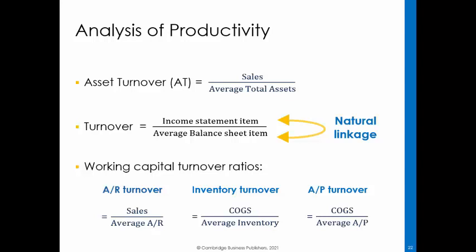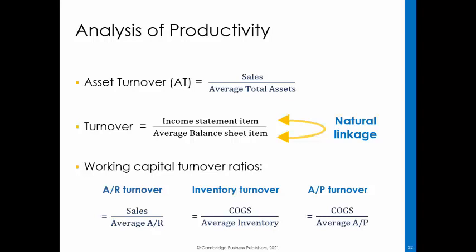Turnover, while widely reported, has limited usefulness. For example, it is not easy to see how much cash is generated if accounts receivable turnover improves. It is more intuitive to think of the average days to collect accounts receivable, sell inventory, or pay accounts payable.